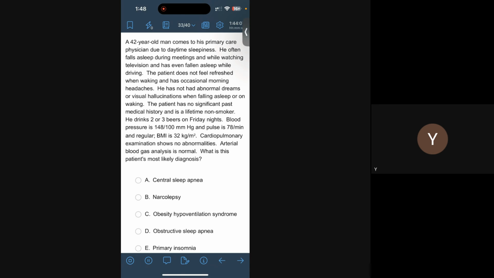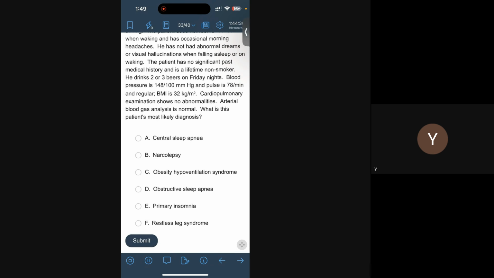A 42-year-old has daytime sleepiness, falls asleep during meetings, and has even fallen asleep while driving. He does not feel refreshed when waking, has occasional morning headaches, drinks 2 to 3 beers, BMI is 32, and there is pulmonary hypertension as well. What is the diagnosis?